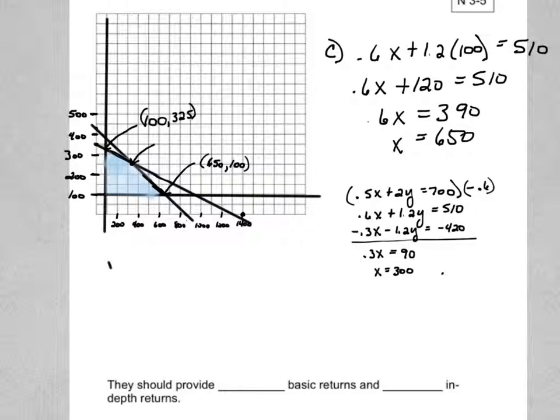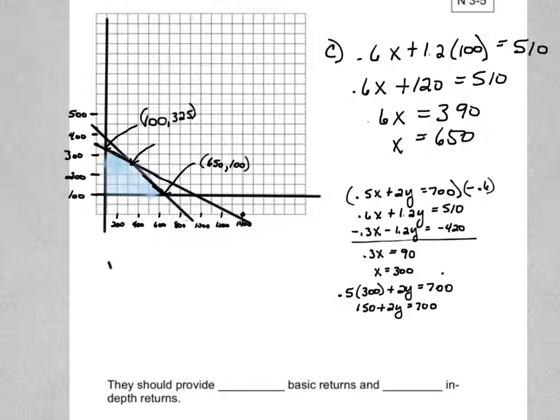Then you plug it back in for y. 0.5 times 300 plus 2y equals 700. And so 150 plus 2y. Go ahead and solve it out.